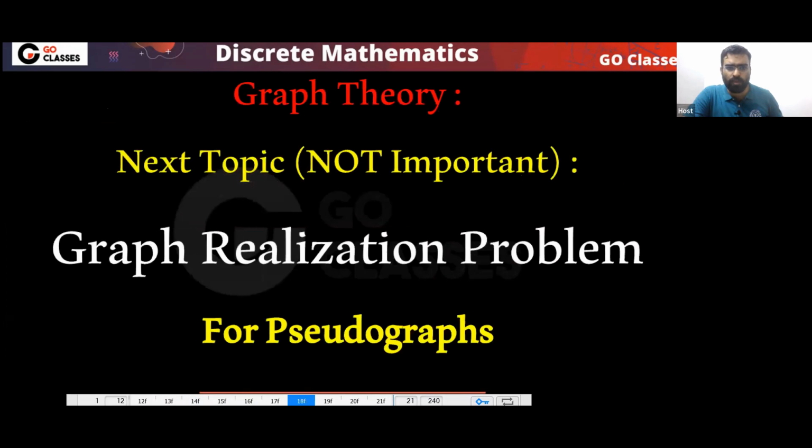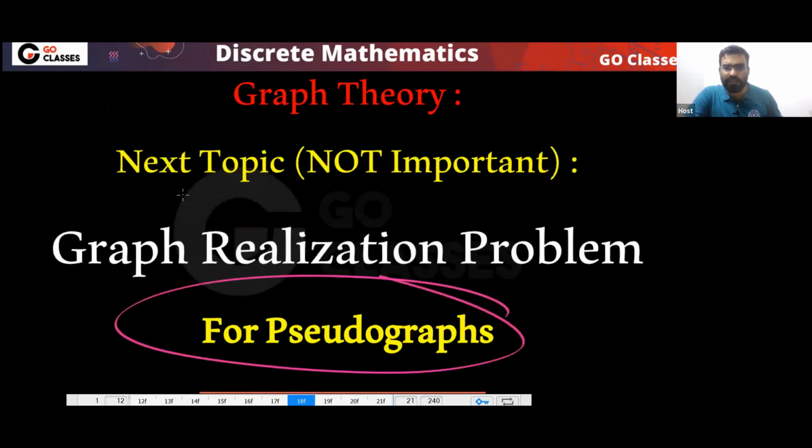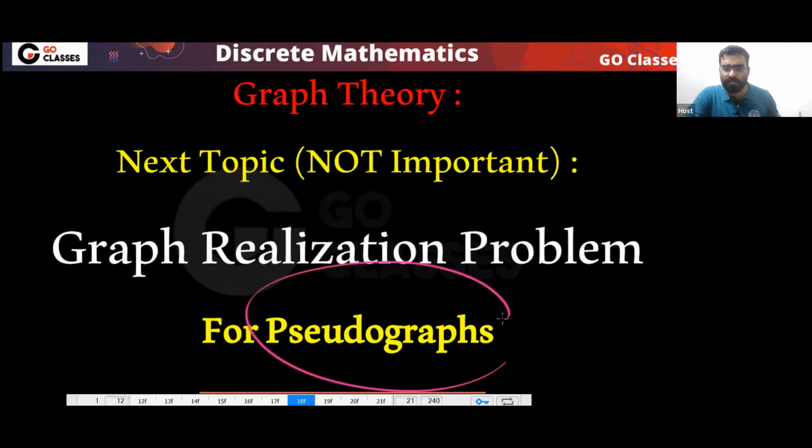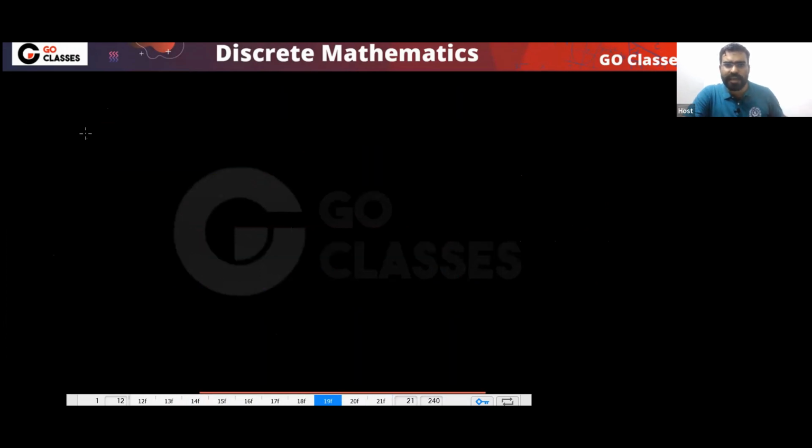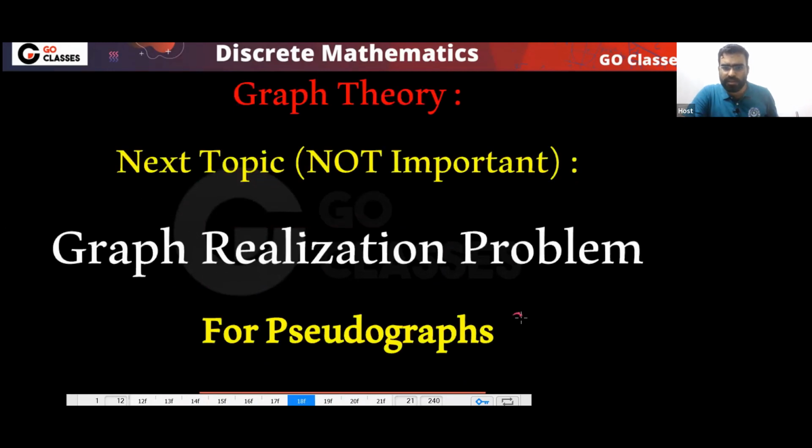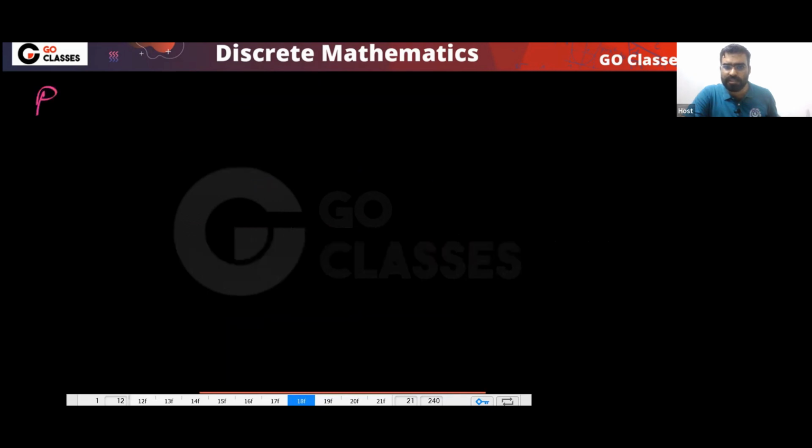Now let's see our first problem. Our first problem is the graph realization problem for pseudographs. Do you know what a pseudograph is? A pseudograph is any graph. In short, let's call it PG. In a pseudograph, self loops are allowed.